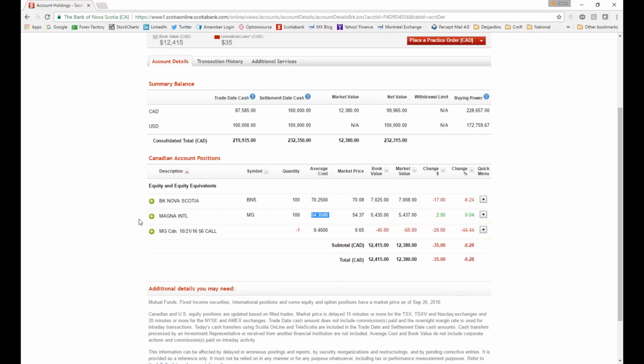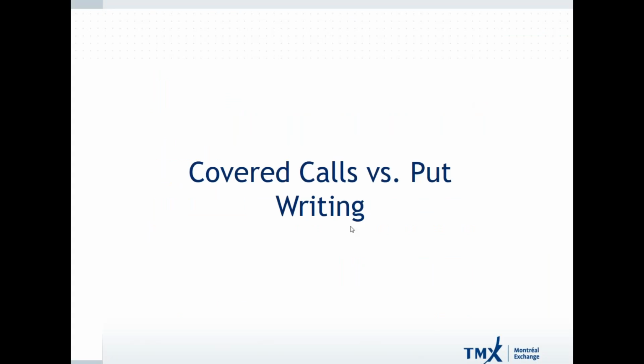So that was sort of what I really wanted you guys to be aware of: each position is held independently within your account, and you can manage each position separately in order to manage risk or adjust the position according to what you're trying to accomplish.